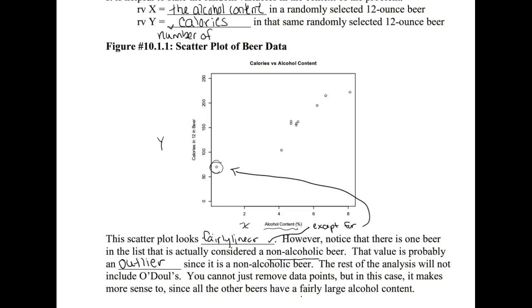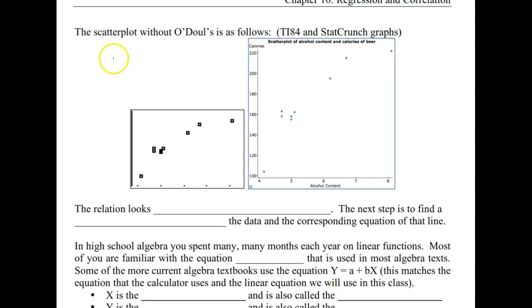But in this case, it makes sense, because all of the other beers have a fairly large alcohol content. We're looking at the relationship between alcohol content and calories, so it makes most sense to look at beers that actually have a higher alcohol content, and not something that's advertised as a non-alcoholic beer.